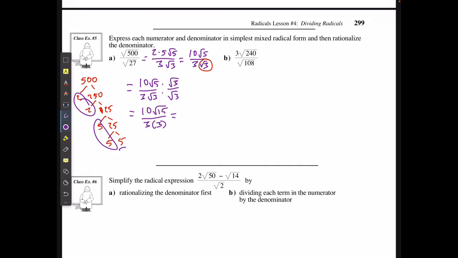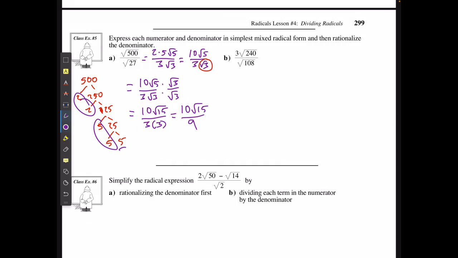And I can just say that this is going to be 10 root 15 over 9. Now, if I had multiplied the top and the bottom by root 27, I could still get to the final answer. I would just need to simplify at the end. And I'm also dealing with much, much bigger numbers.